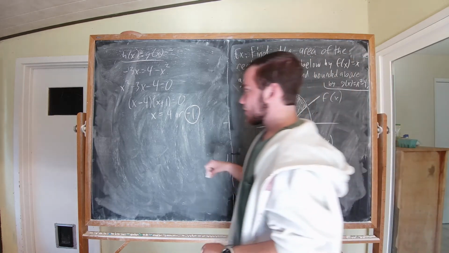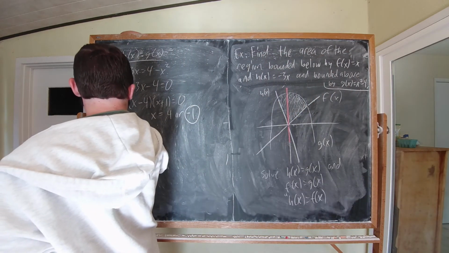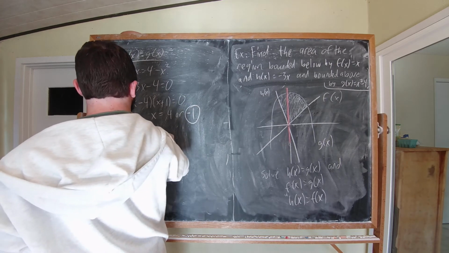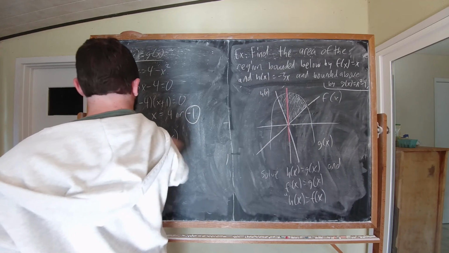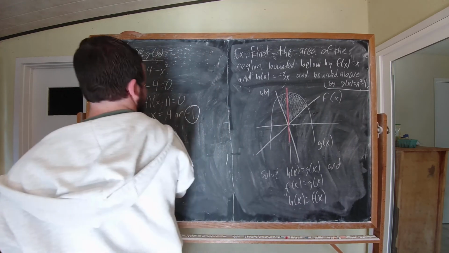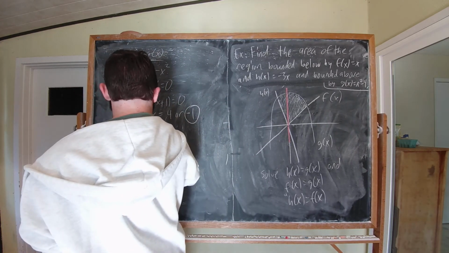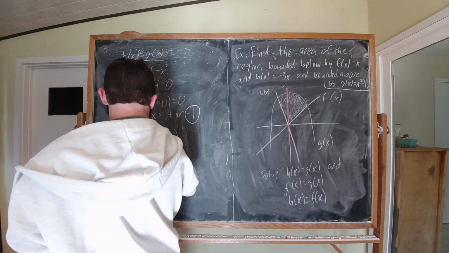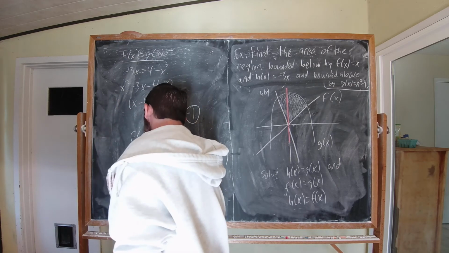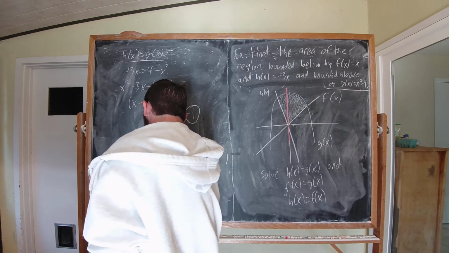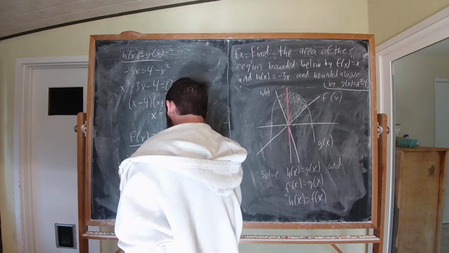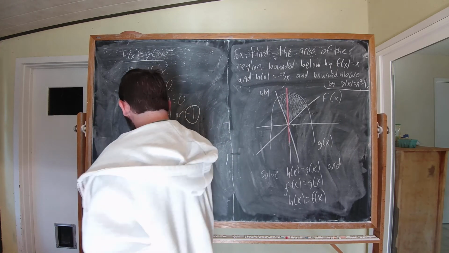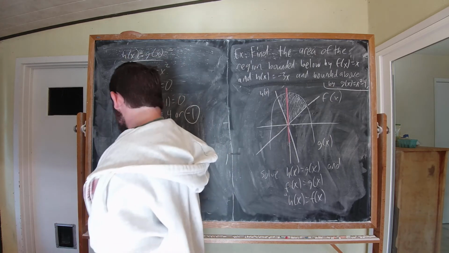Alright? How about, let's see here, f of x equals g of x. Well, we're solving x is equal to 4 minus x squared. So x squared plus x minus 4 equals 0. This also factors very nicely as x minus 1 times x plus, sorry, that does not factor quite as nicely as that.